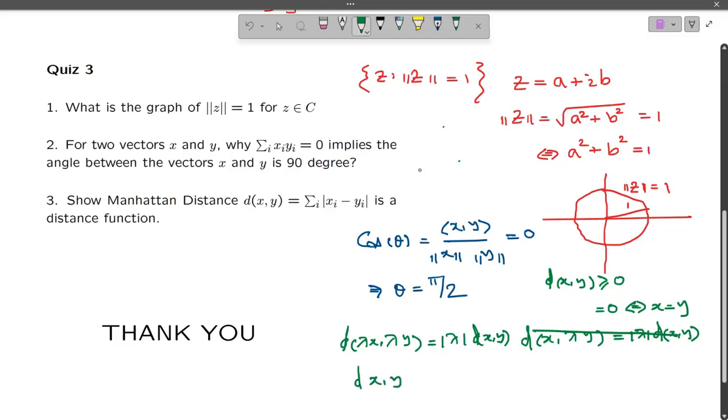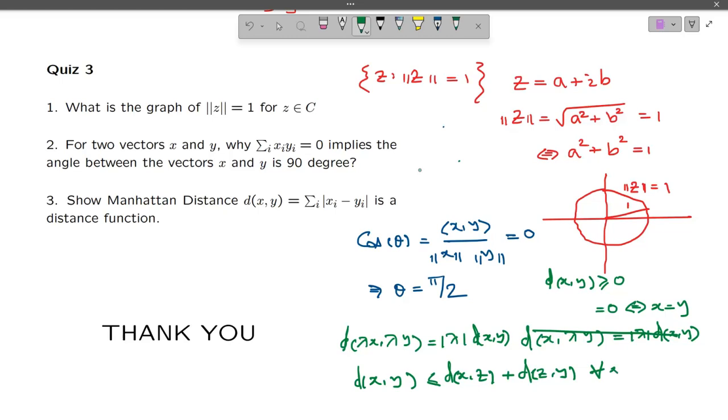Okay, d(x,y) is non-negative and equal to 0 implies x equal to y, and the triangular property: d(x,y) is less than or equal to d(x,z) plus d(z,y) for all x, y, z belonging to the vector space.